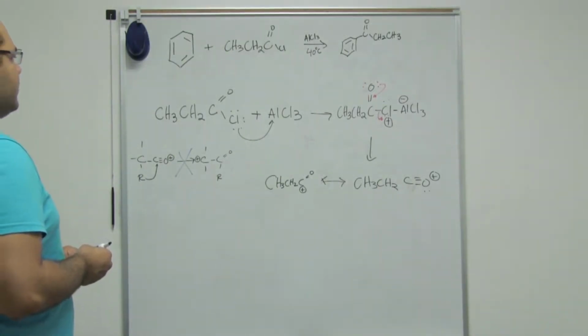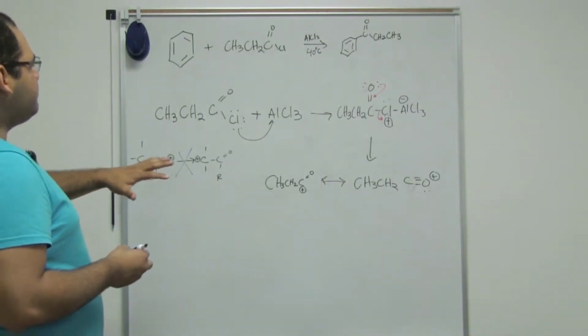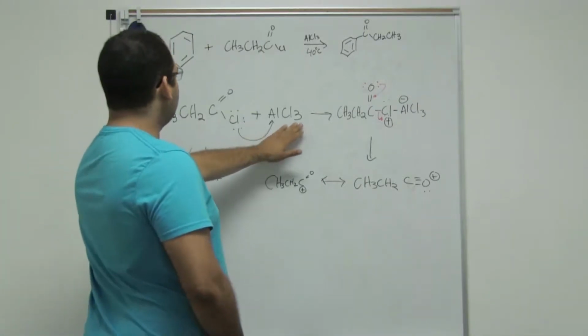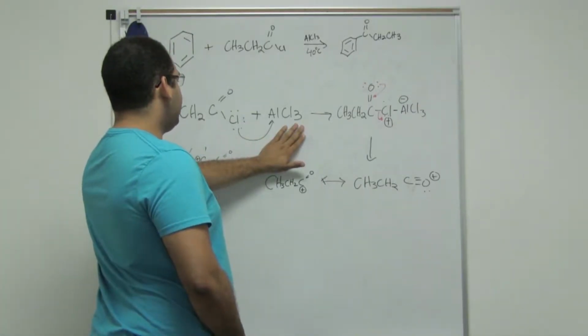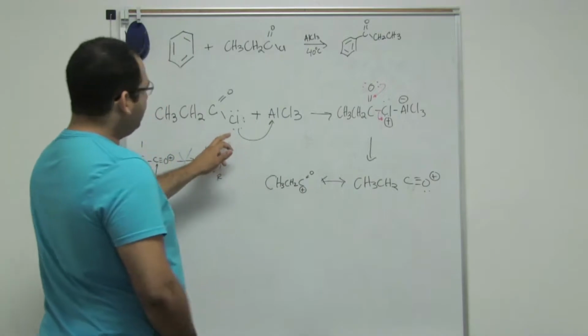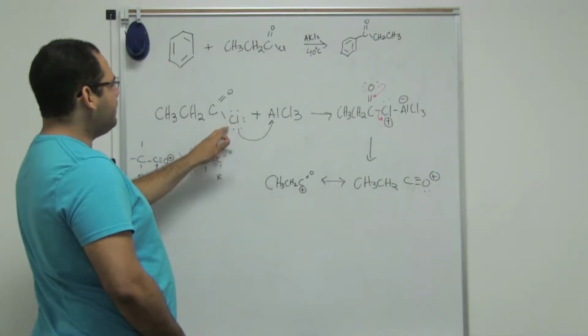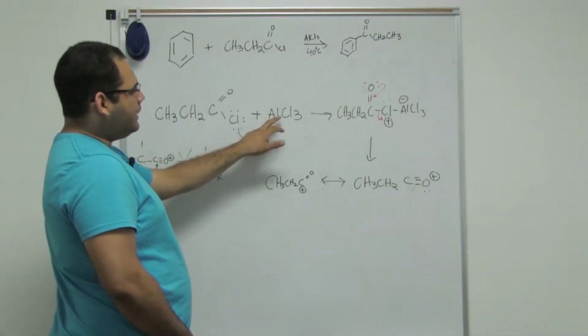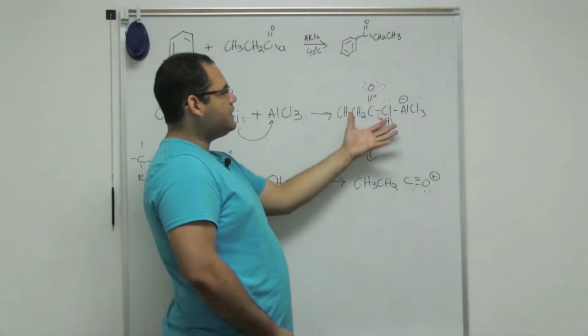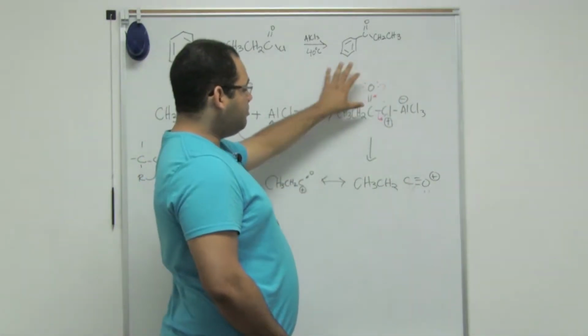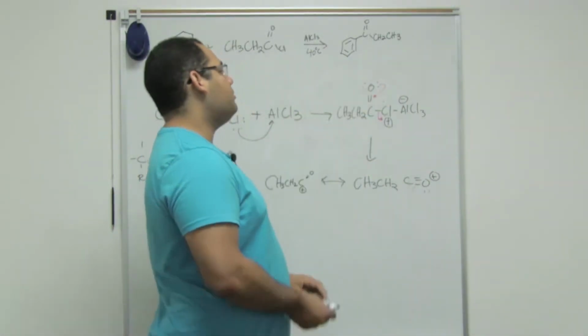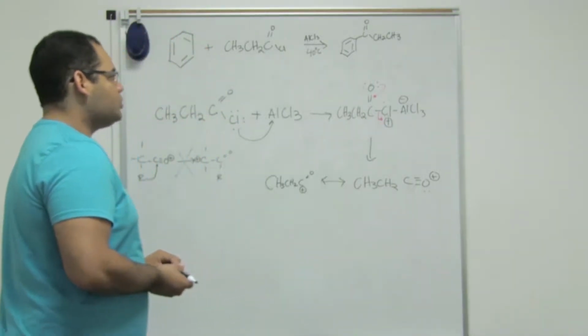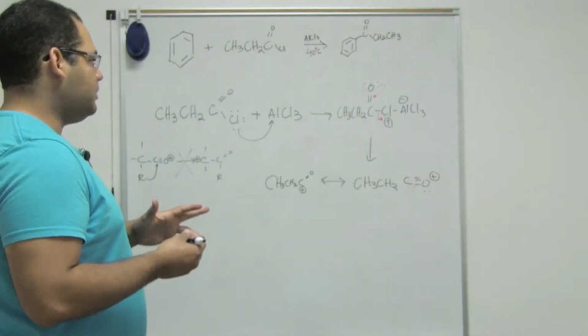For this particular case, we have our aluminum chloride working as our catalyst. So basically, one of the lone pairs in the Cl will do the attack, making this complex that will end up as a Lewis acid and base complex.